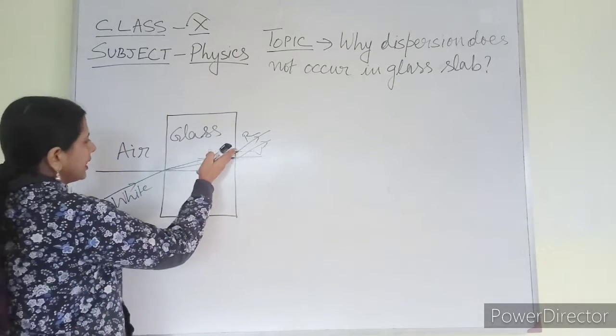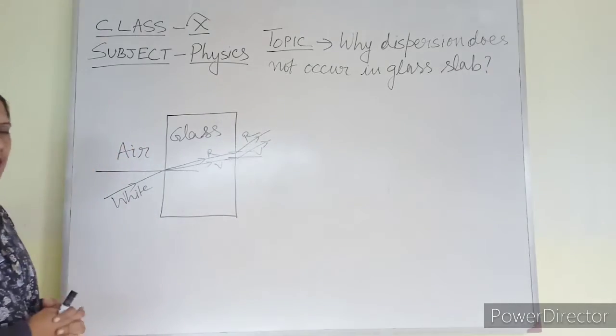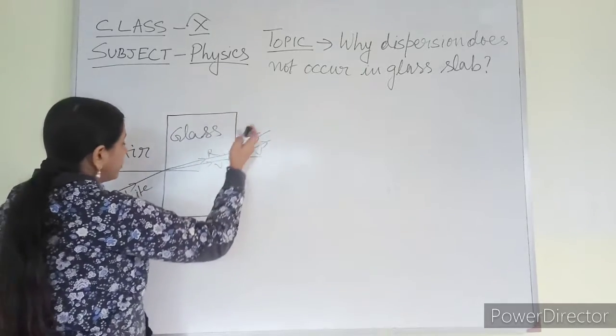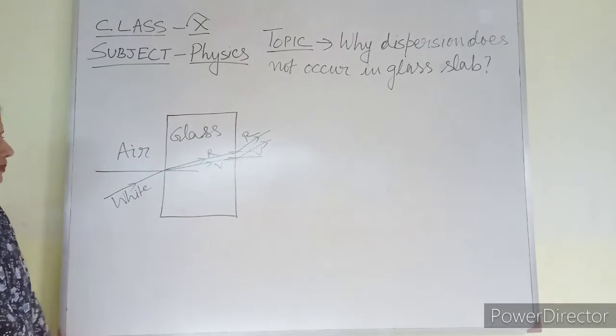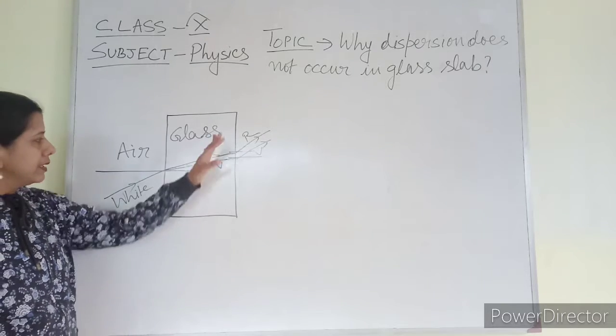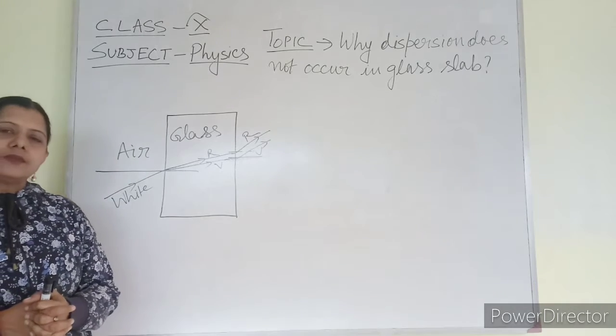So here the light rays are bending away from normal. Red light is bending in this side, violet is bending in this side. So here is a gap between red and violet, and in between red and violet other color lights are there.